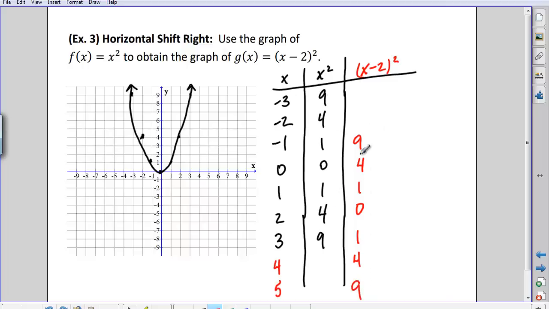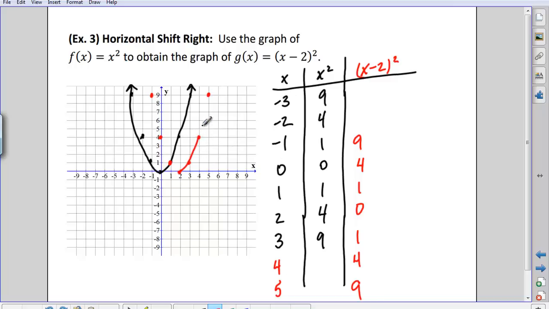So let me plot these points right here. Negative 1, 9. 0, 4. 1, 1. 2, 0. 3, 1. Hopefully you're starting to see that shape. 4, 4. 5, 9.